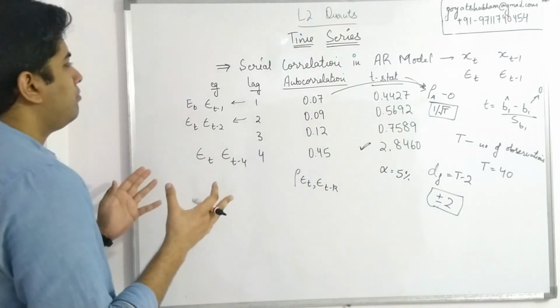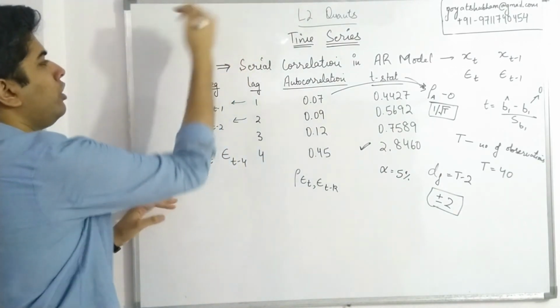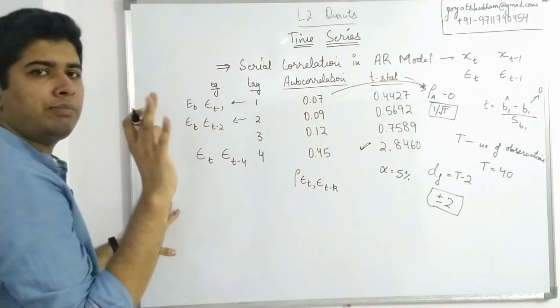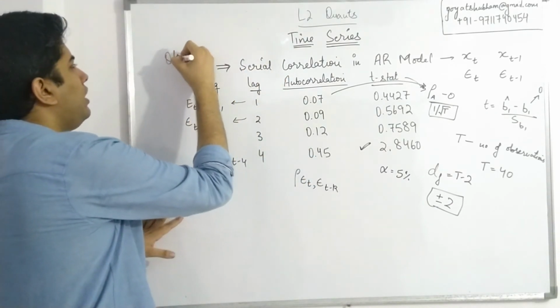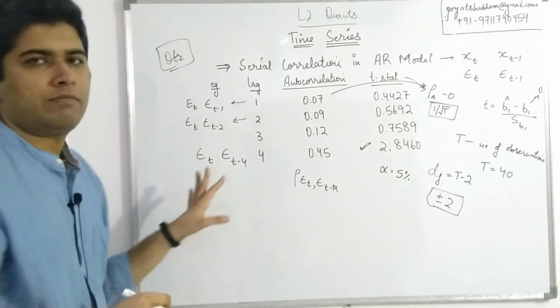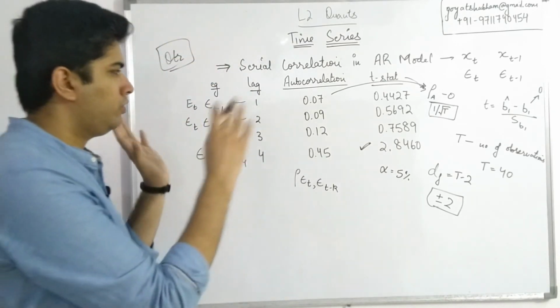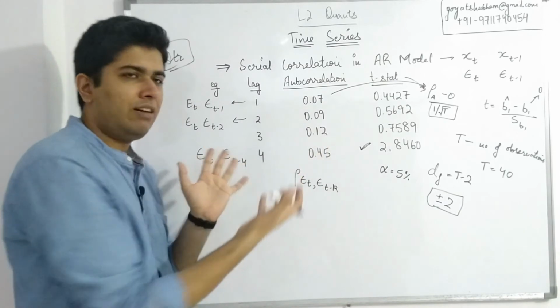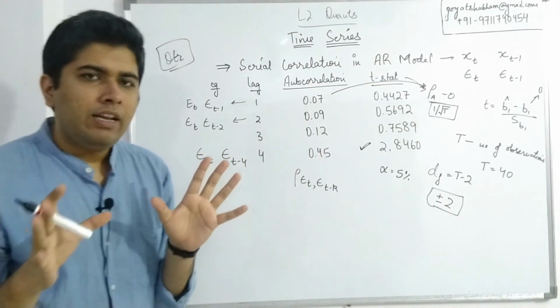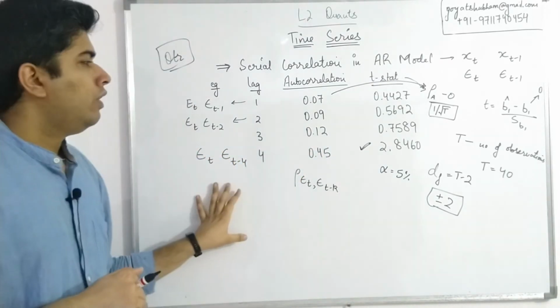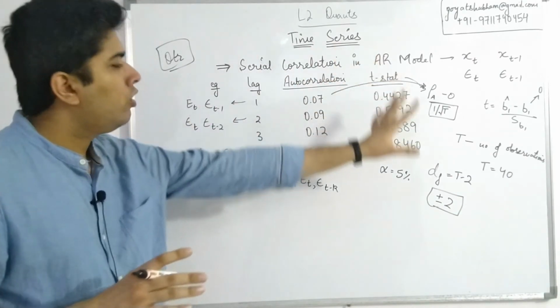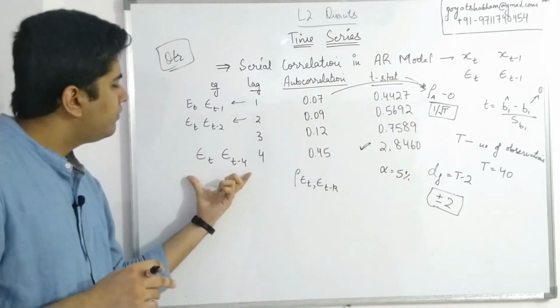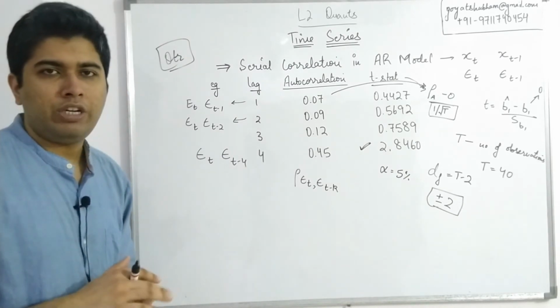Before I explain anything, I just want you to take one simple assumption. Let's assume the data I had in this example was quarterly data. If we have quarterly data and we've done all of this analysis, we know that at the 4th lag, we have a serial correlation.